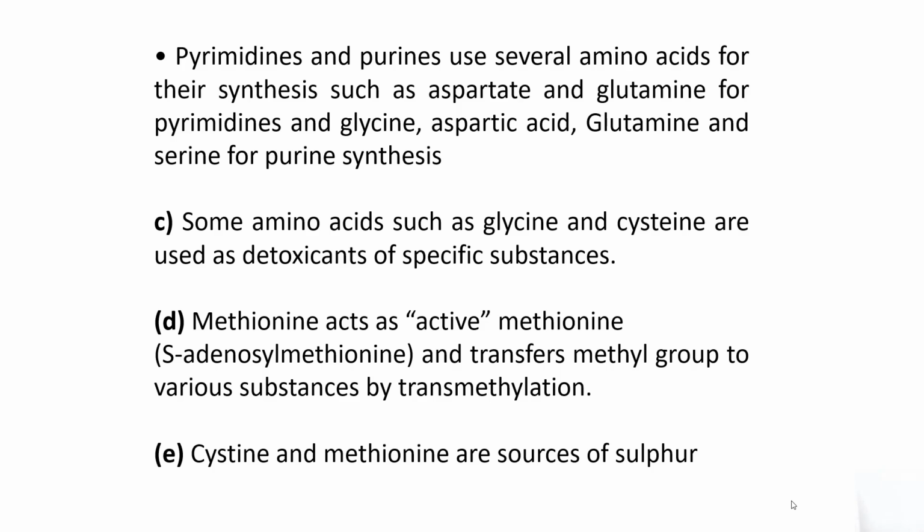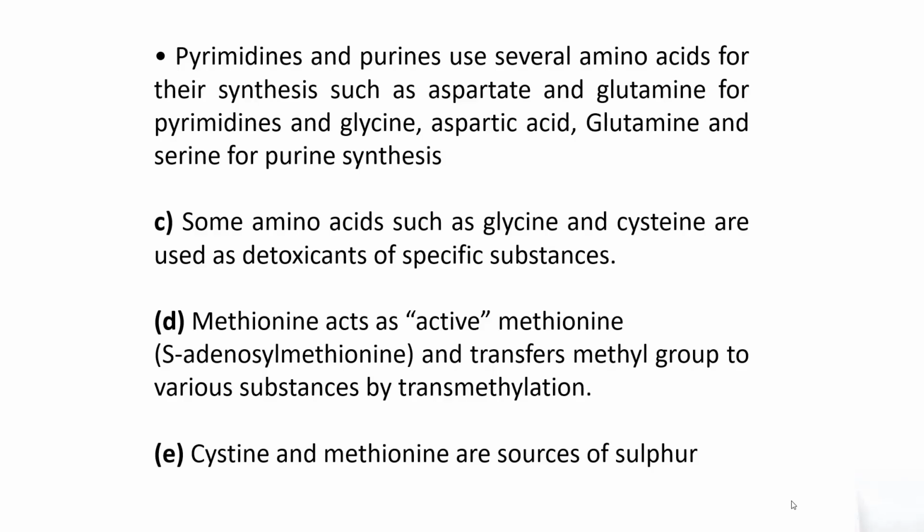Some amino acids, such as glycine and cysteine, are used as conjugating agents for specific substances. Methionine acts as active methionine, like S-adenosyl methionine, and transfers methyl groups to various substances by transmethylation.